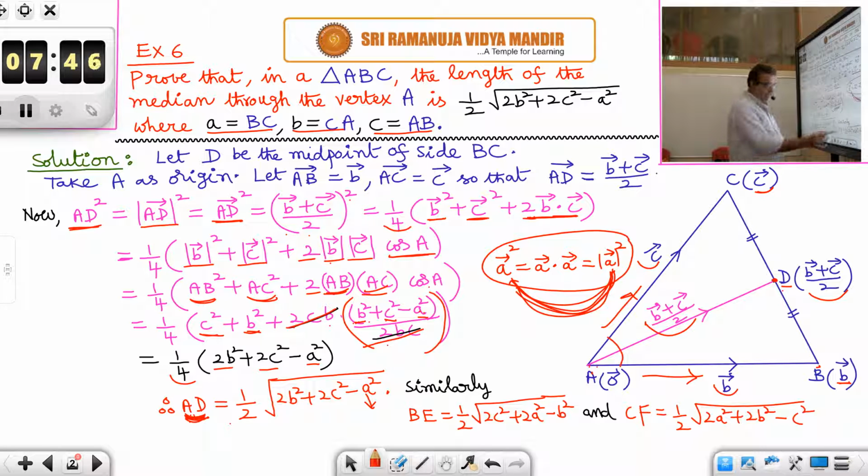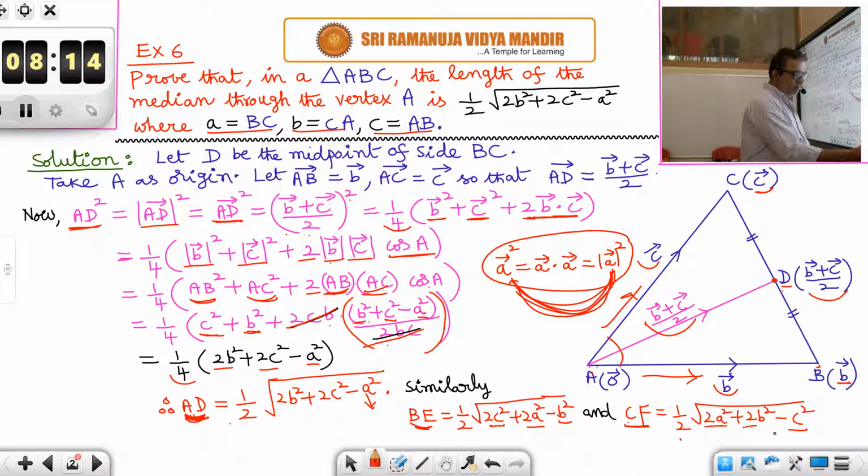Therefore, BE, length of the median through the vertex B will be equal to what? Minus b square will be at the end, and half into square root of the remaining two sides, 2c square plus 2a square. Similarly, CF, length of the median through C, is equal to half into, minus c square.